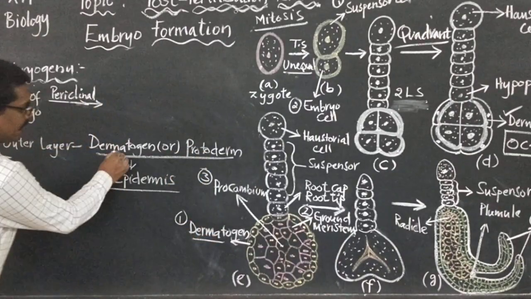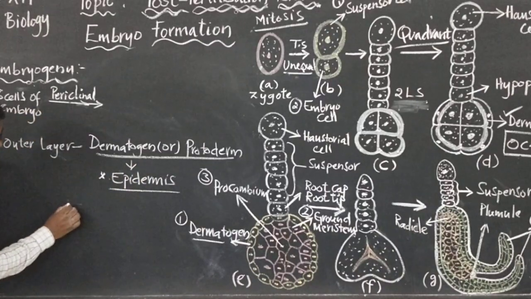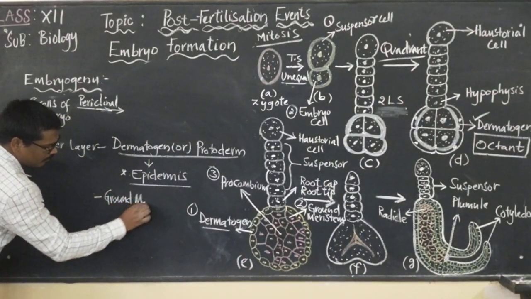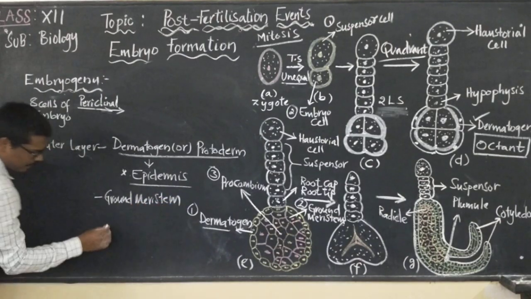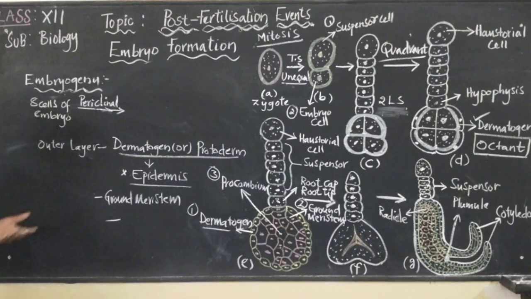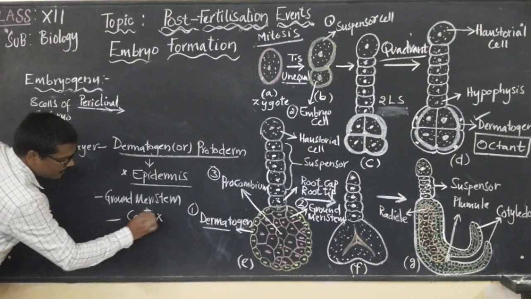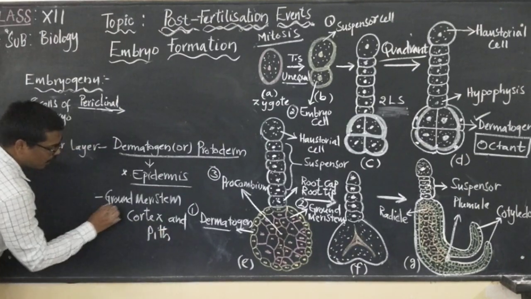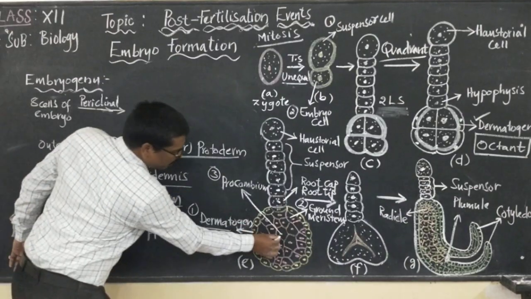So dermatogen, the outermost layer, is giving rise to the epidermis. Then the second one is the ground meristem. This ground meristem will be giving rise to the other cells. Other cells called as what? Cortex and pith. Cortex and pith will be formed from the ground meristem. And the last one, the innermost cells, called as what?